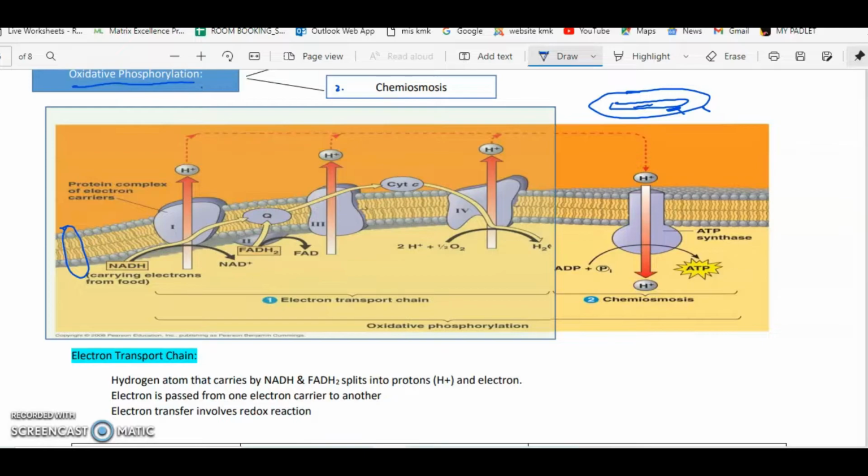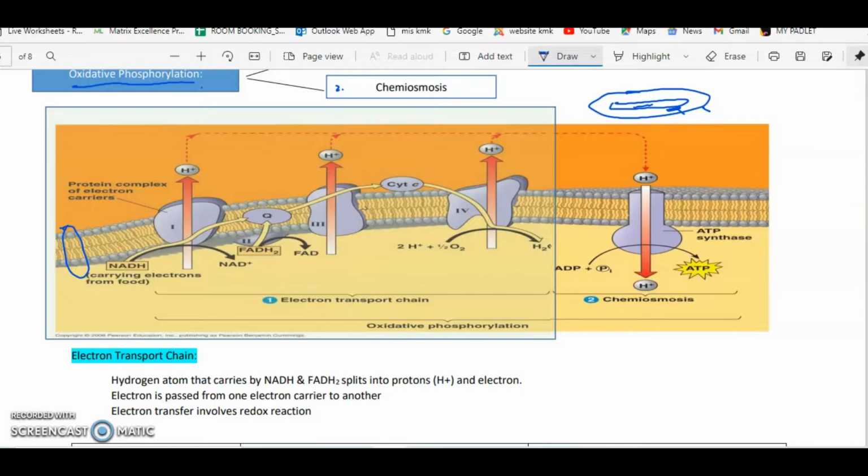Alright, now that you understand the types of protein, what you need to know next is that in the electron transport chain, the hydrogen atoms carried by NADH and FADH2 will split into protons, hydrogen ions, and electrons. The electron is passed from one electron carrier to another.